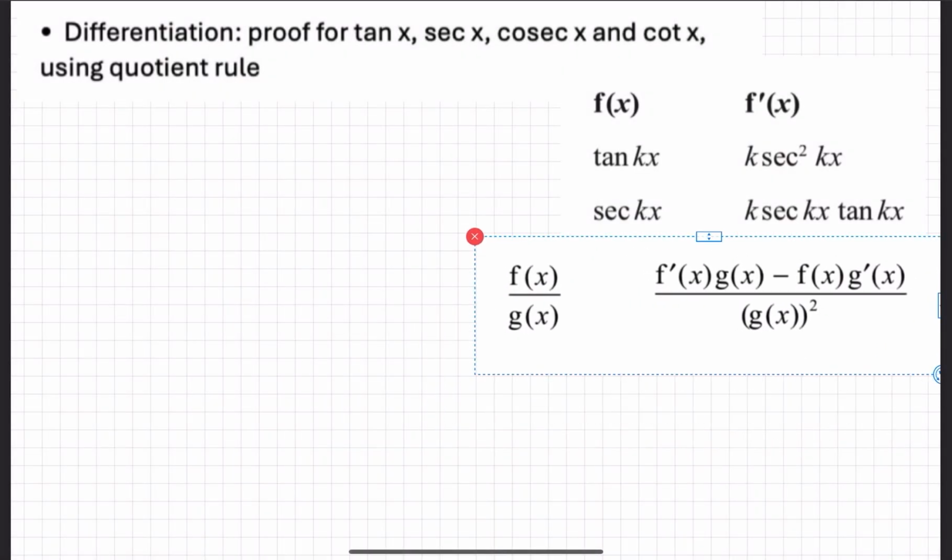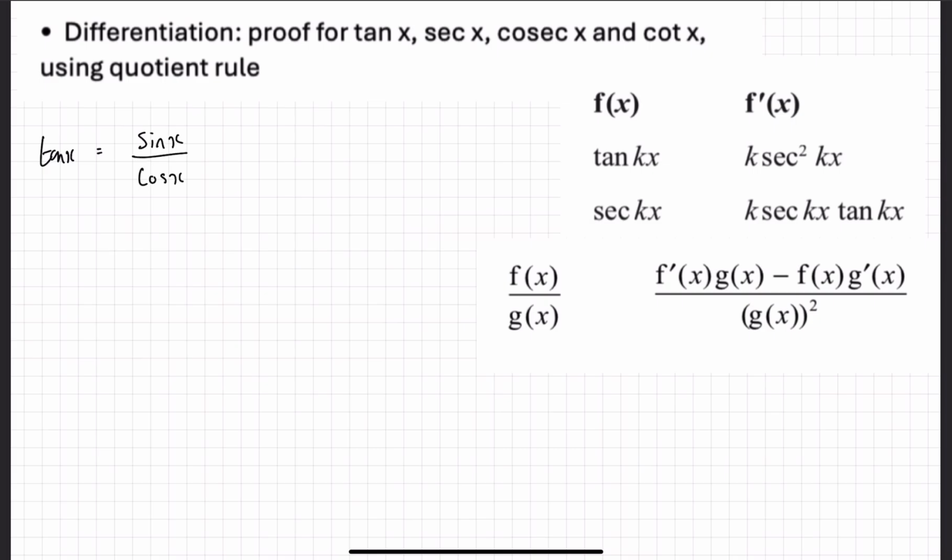Right. So I'm going to rewrite tan of x as sine x over cos of x. My quotient rule states that we're going to have u dash v take away u v dash all over v squared.